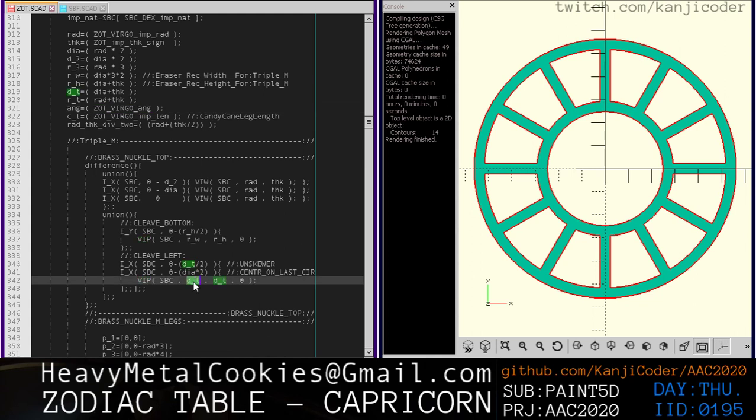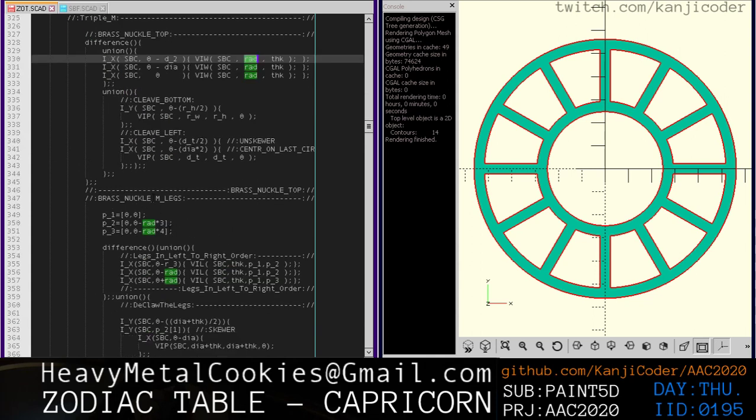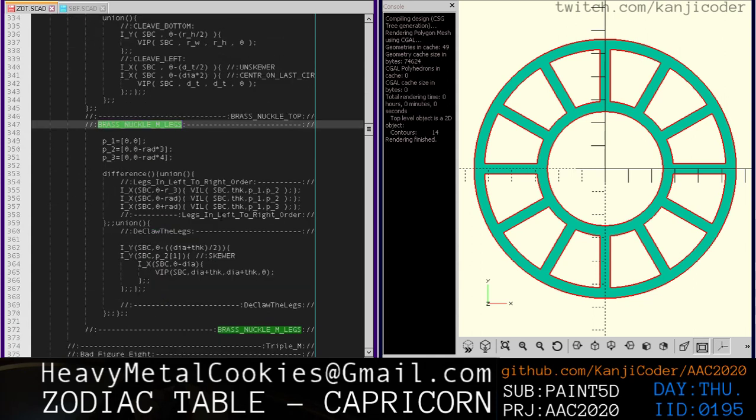This pocket is DT, and it's the diameter plus the thickness. This is cleave, difference, union, IX, SBC, radius. This is the wheel. This is the brass knuckle top. Okay, these aren't the legs. This is the legs. Okay, legs.